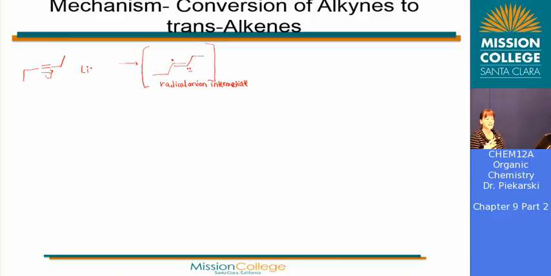Okay, so now what happens is that, remember, we added lithium, but we also added ammonia. And at the same time, I should show that the byproduct is lithium plus 1. So lithium's happy now, right? It's in its noble gas configuration. So we also have ammonia in solution. And that anion is just so desperate for protons, right?